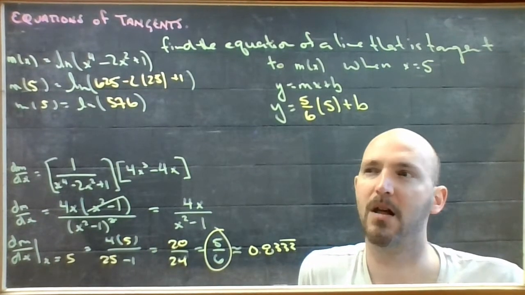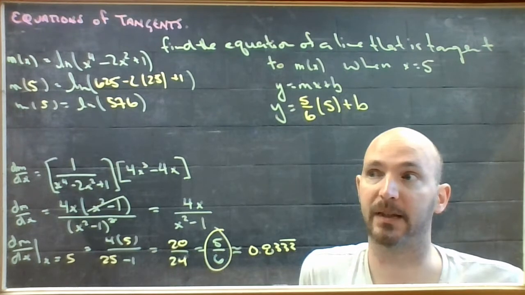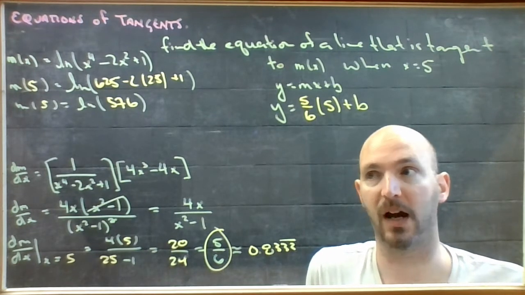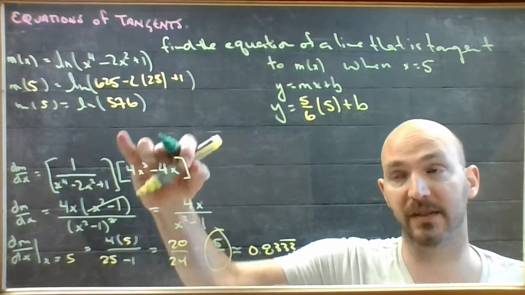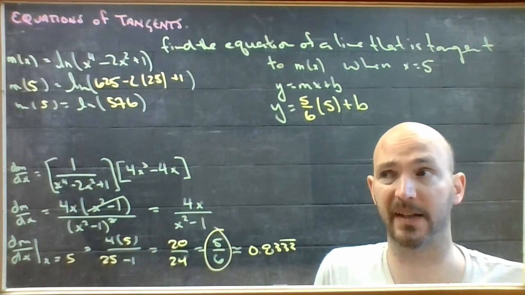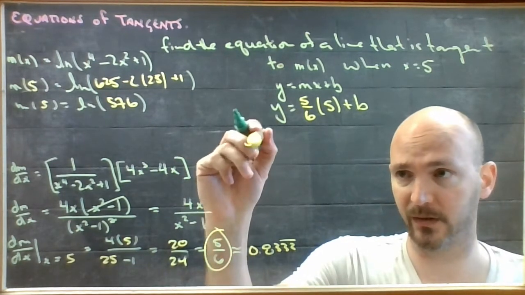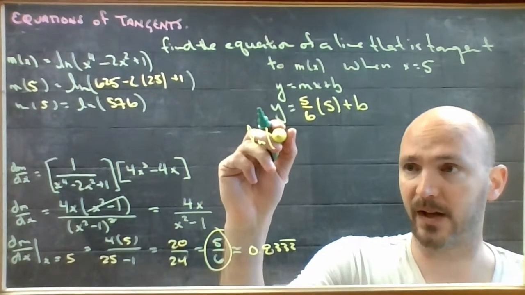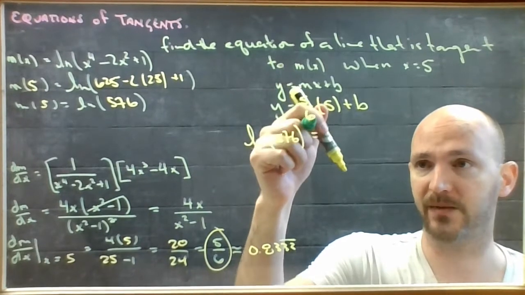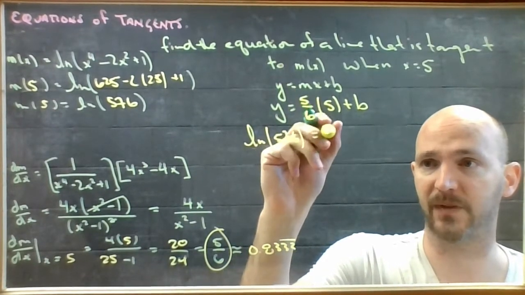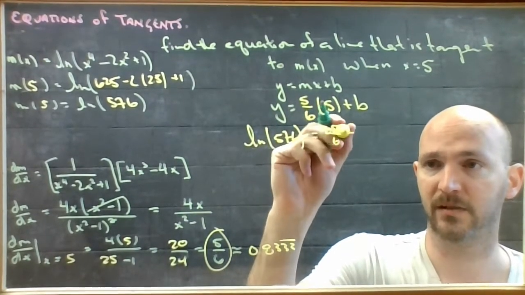Okay. Now, I could evaluate that as a decimal, or I can just drop it in here in that form. This is just a number, so it can be used like any other number, so in it goes. Ln of 576 equals 5 times 5 would be 25/6 plus b.